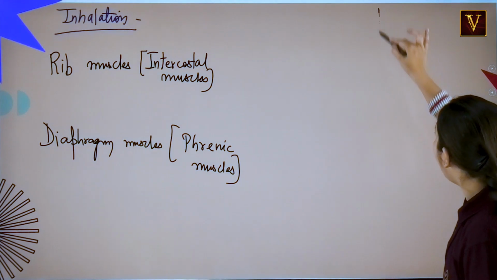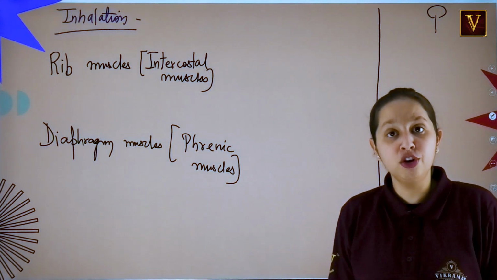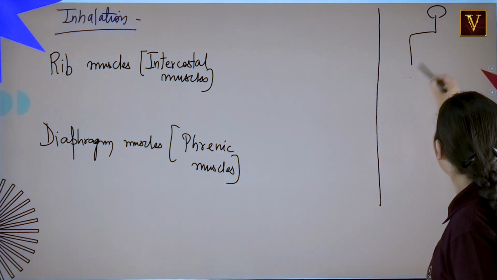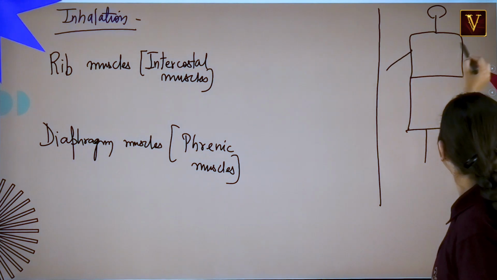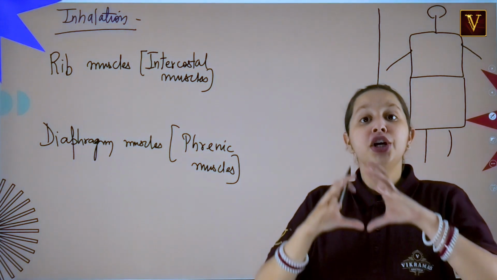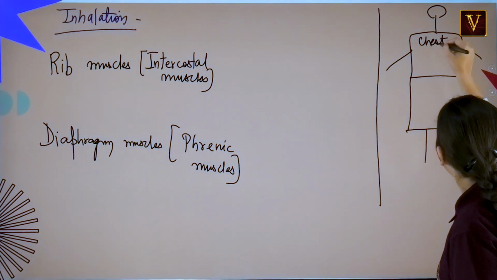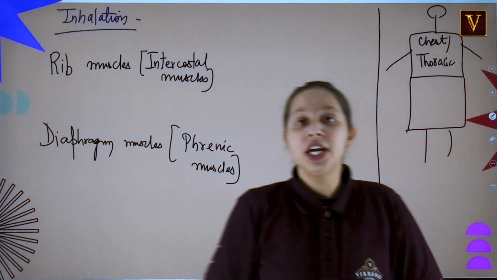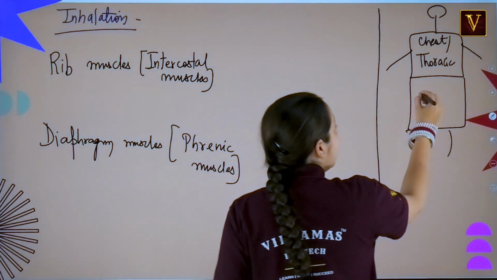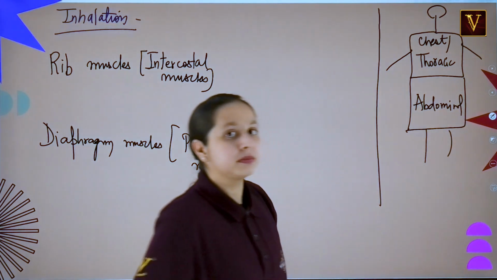If I talk about a human, the human body has two major cavities: the chest or thoracic cavity, and the abdominal cavity.